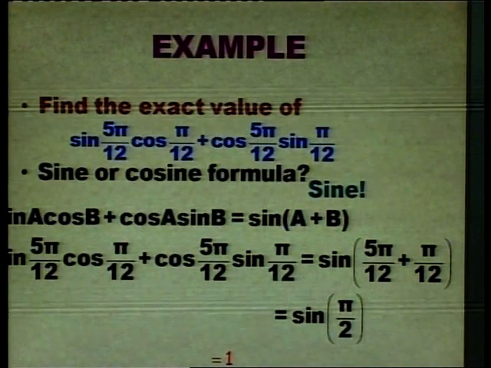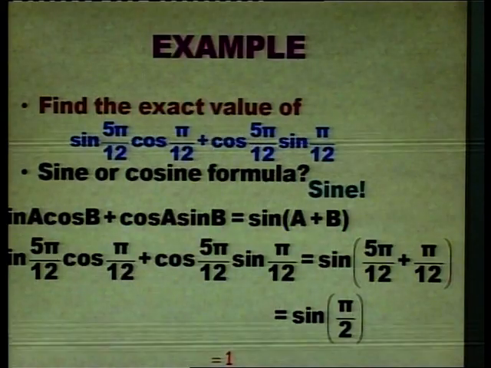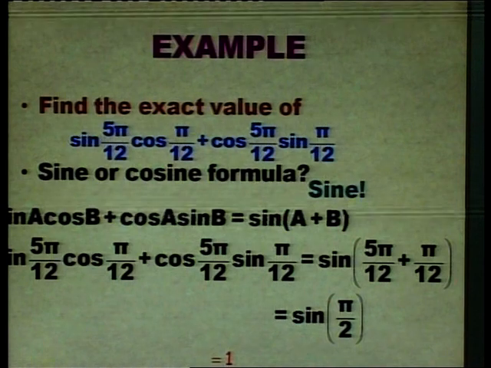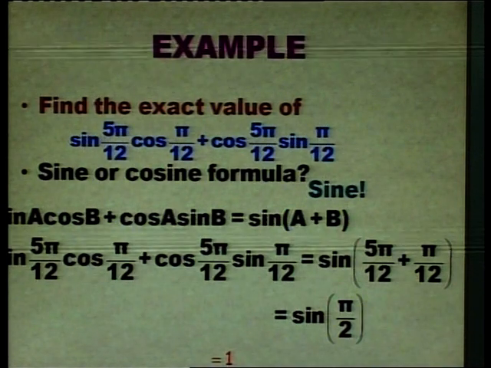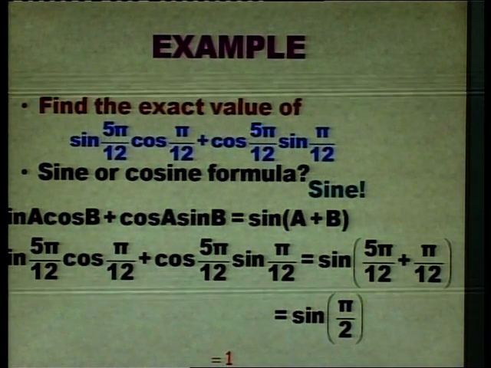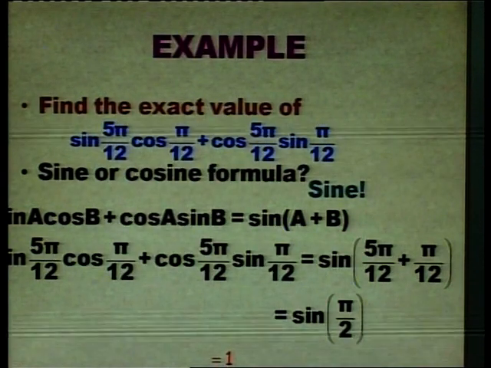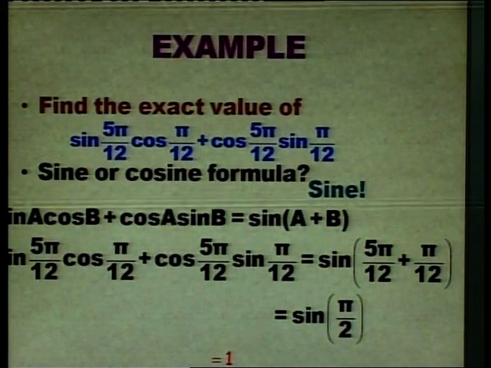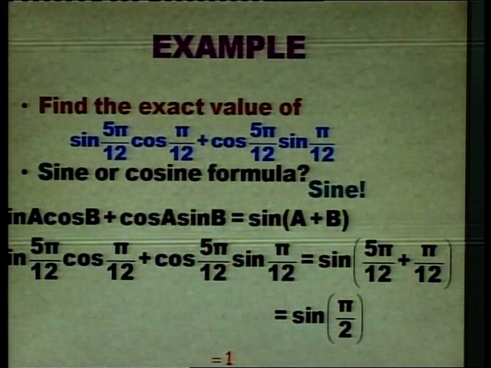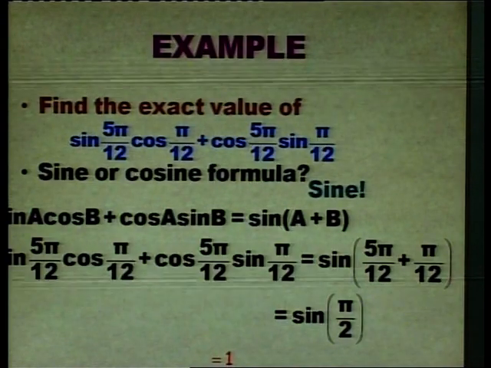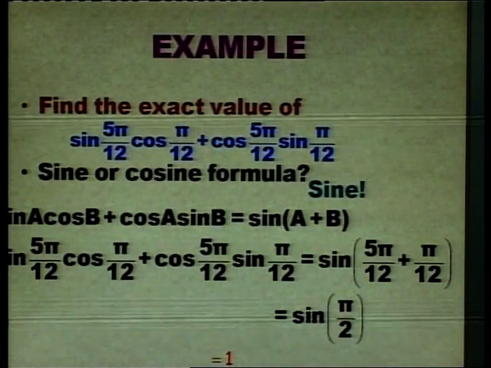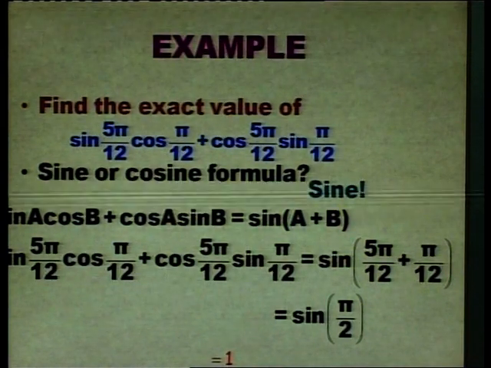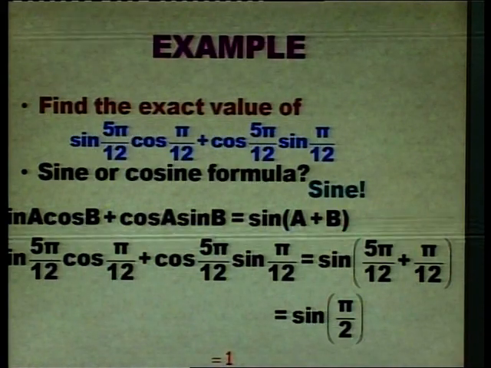So, choosing A equal to 5π/12 and B equal to π/12, we get sin 5π/12 cos π/12 plus cos 5π/12 sin π/12 is equal to sine of their sum, that is sin of (5π+π)/12, which is sin 6π/12, that is sin π/2, and the value of sin π/2 is well known, which is equal to 1.